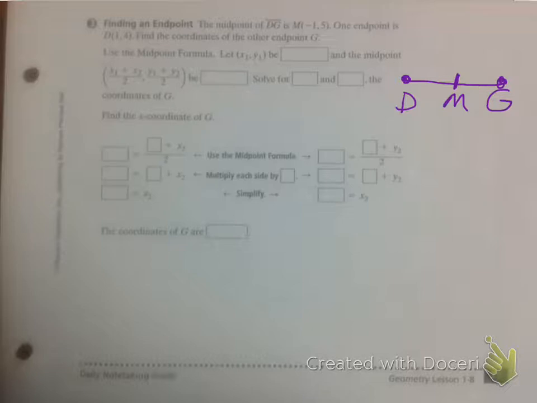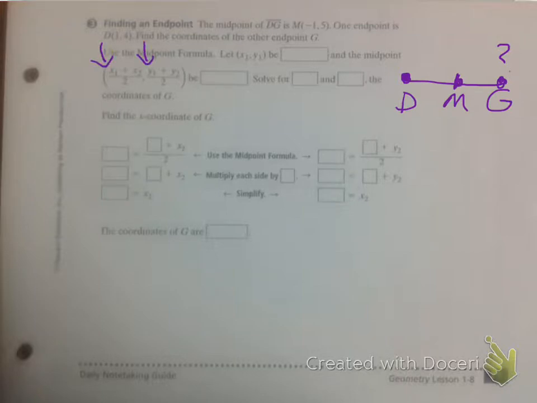One of the endpoints is 1, 4. So I know this endpoint, and I know this, but I don't know that one. Well, we can take the formula for midpoint, and we can manipulate it to find that. So instead of looking for the midpoint, we're going to take the midpoint formula, and we know the midpoint, and we know our x1, and we know our y1.